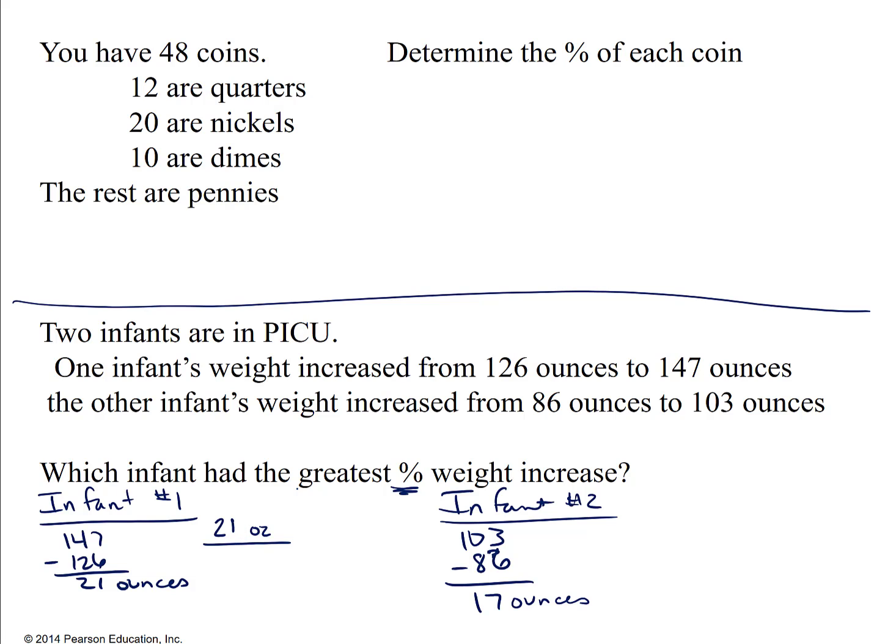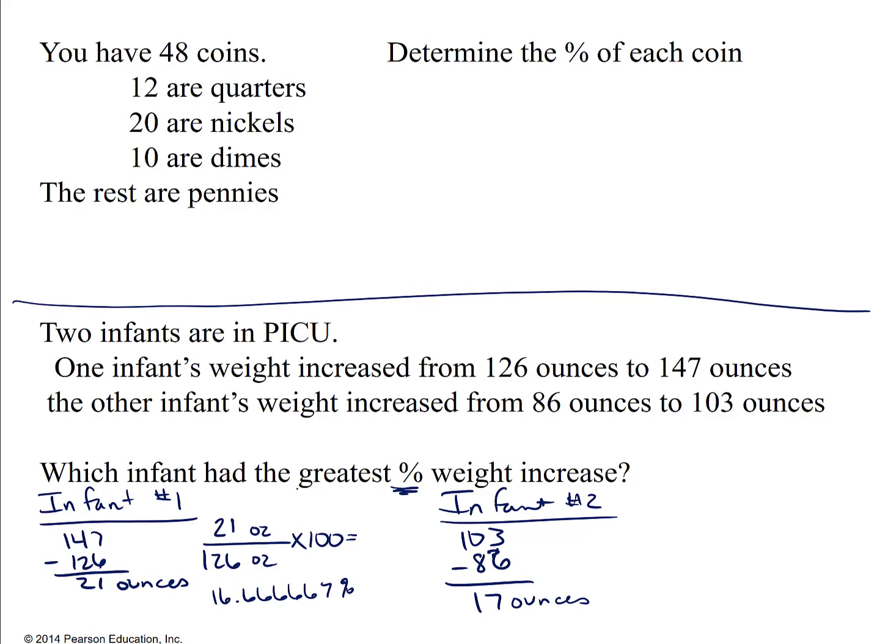Be 21 ounces divided by what? 126. Multiply your answer times 100. Got 16.766667%.